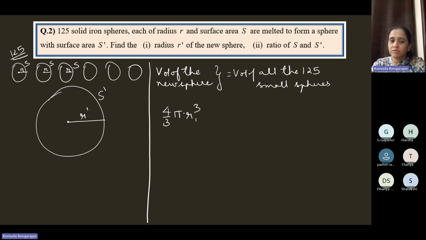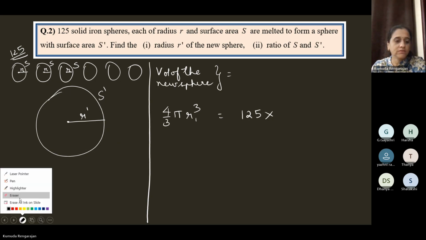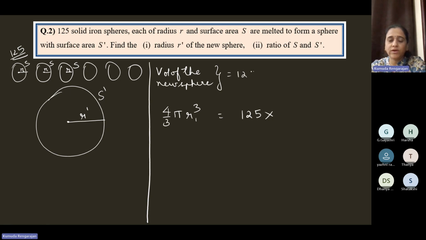Volume of the new sphere, 4 by 3 pi r dash cubed, is equal to 125 into the volume of one small sphere. So it will be 125 into 4 by 3 pi r cubed.